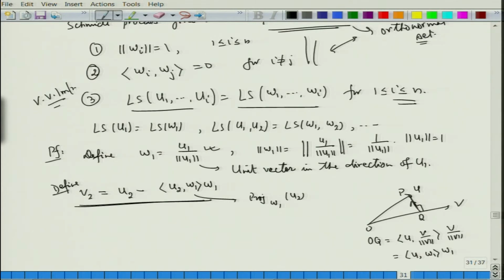So, you can see here, or you can use the previous theorem where we had shown that if I keep removing the components.